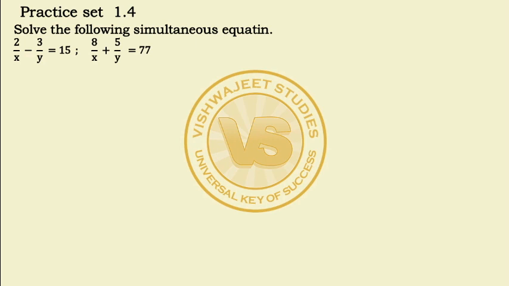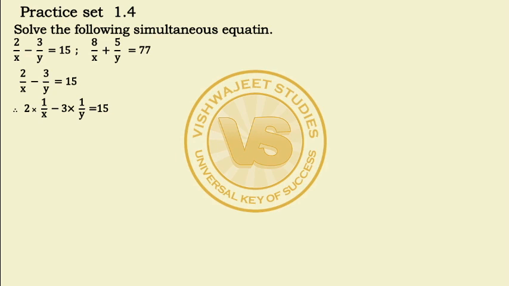So, let us solve. Write the first equation first, that is 2 upon x minus 3 upon y is equal to 15. 2 upon x we can write in the form of 2 into 1 upon x, and 3 upon y we can write in the form of 3 into 1 upon y. So, by writing it in the equation, we will get the equation as 2 into 1 upon x minus 3 into 1 upon y is equal to 15.